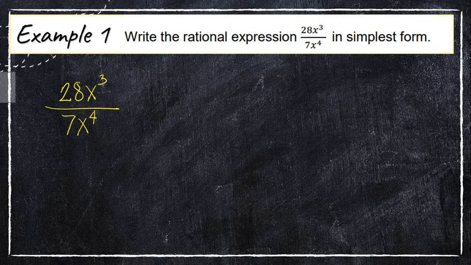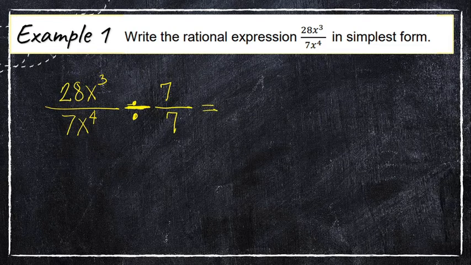We're going to get the GCF of 28 and 7, which is 7. So we're going to divide 28 by 7 and 7 by 7.